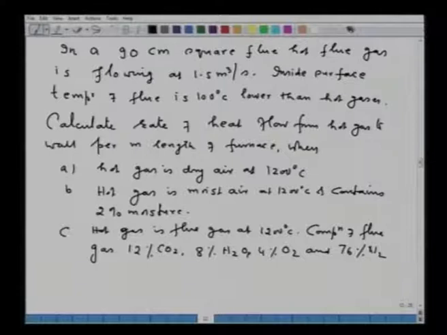Under three conditions you have to calculate: A, dry air; B, hot gas is moist air; and C, hot gas is flue gas. The whole idea of giving this problem is to let you feel that radiation is through dry atomic gases. So, let us take the solution of problem under A, where the hot gas is dry air.